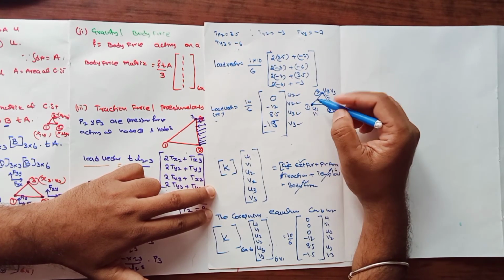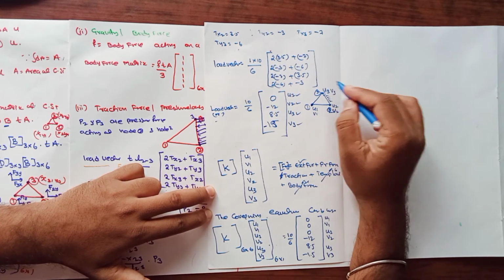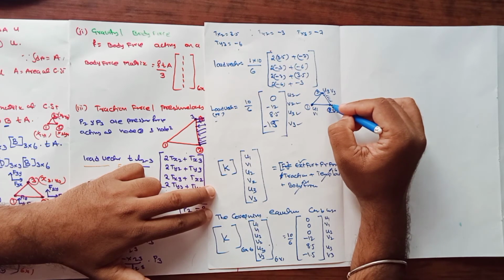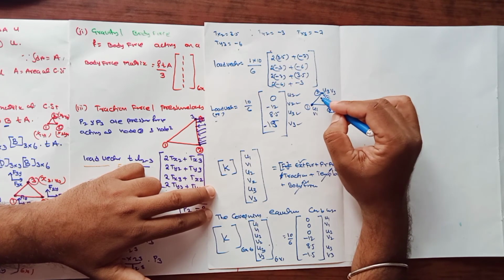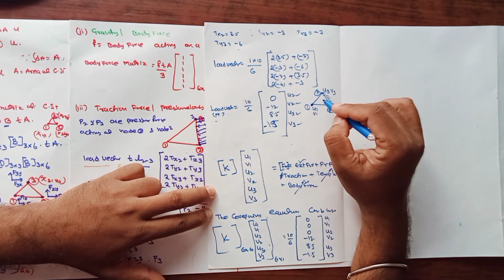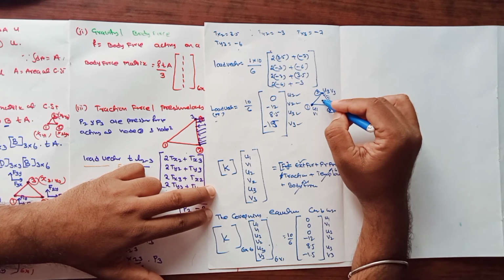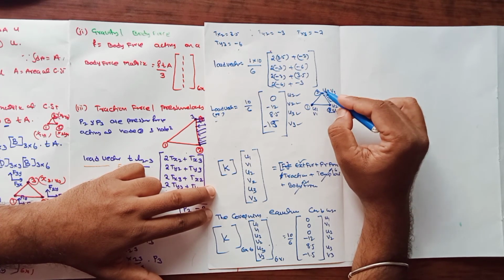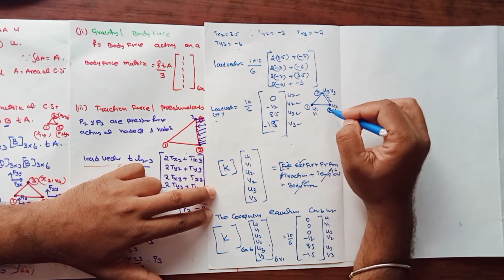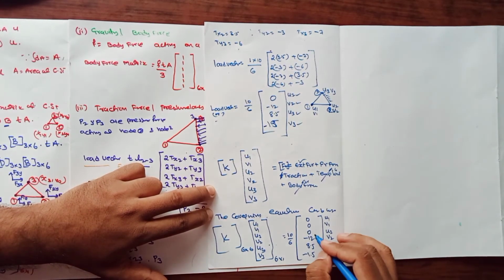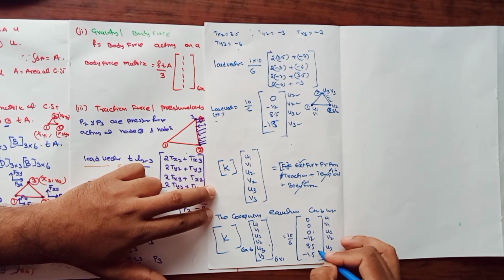So in the given problem only traction force exists at nodal numbers 2 and 3, and the external force, body forces and temperature load vectors are 0 for every nodal point. That's why we have considered only the traction force elements in this governing equation.